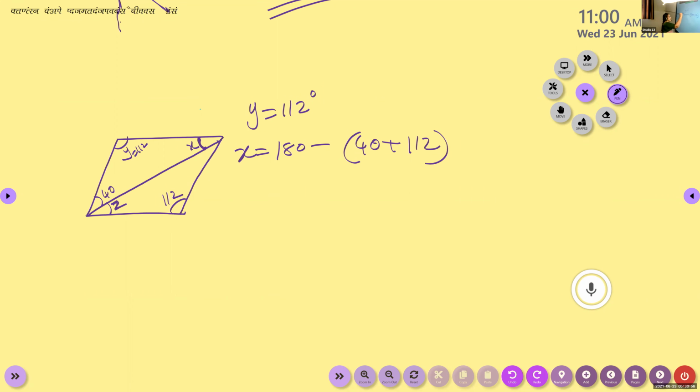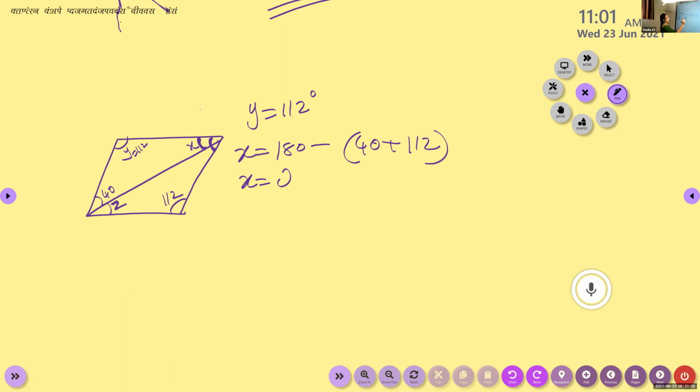X is only a part of the adjacent angle. The total angle and Y are supplementary, but X is only a part. But we can use the angle sum property of a triangle. X equal to 180 minus 40 plus 112. So X equal to how much? The same reason, angle sum property of a triangle.